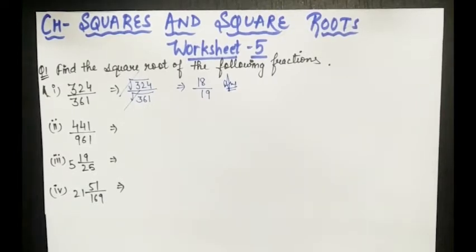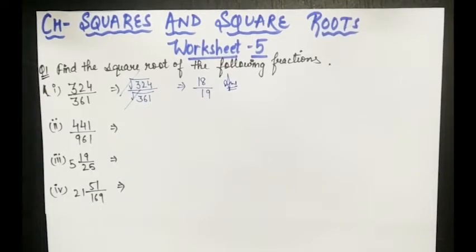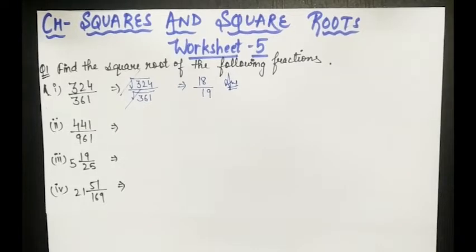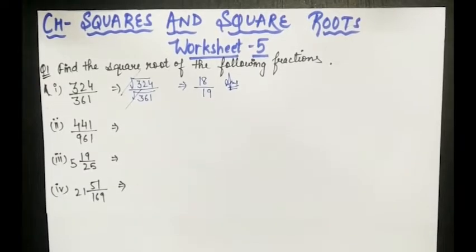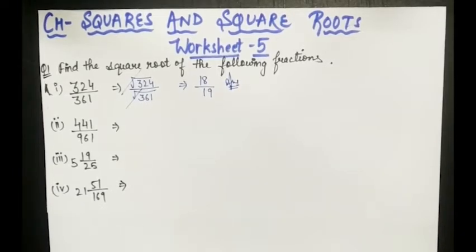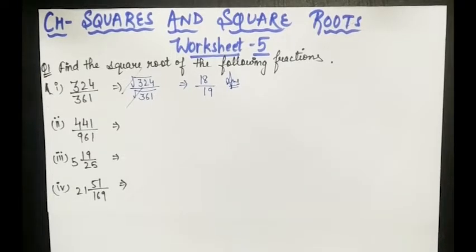For this, I have told you many methods like prime factorization and long division. By long division you can easily find the square root of these two. I know the square root of these, so I am writing that only. But if you don't know, you can simply use the long division method to find it.